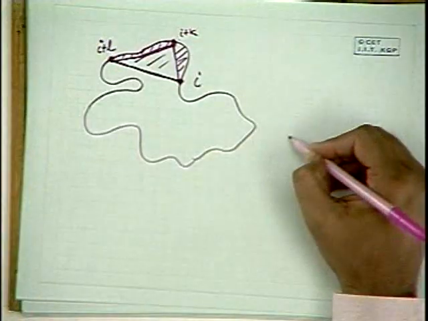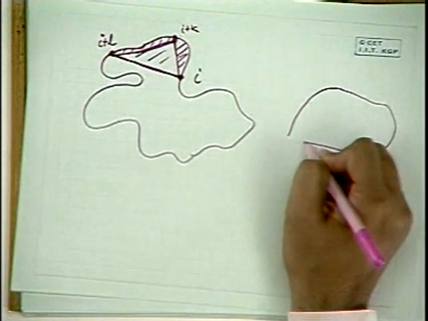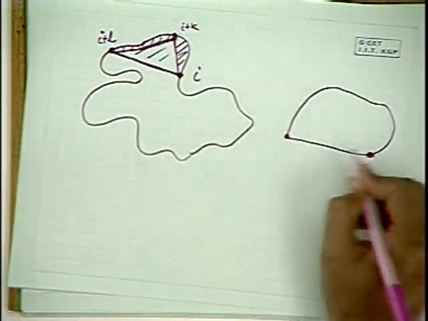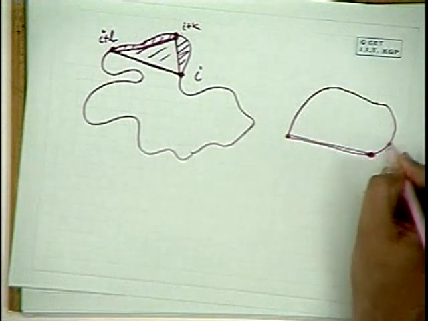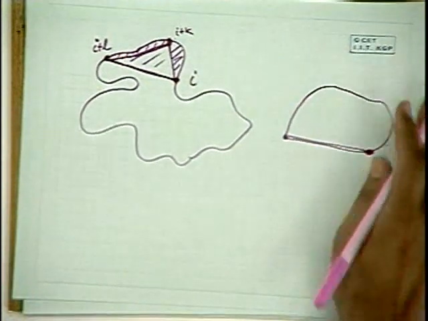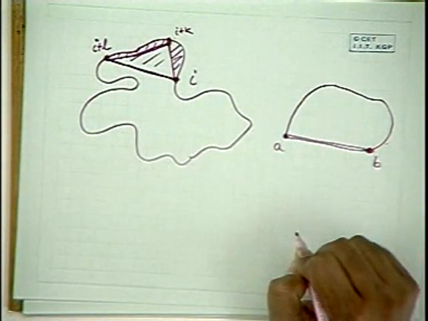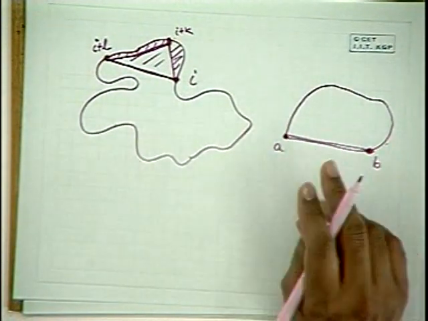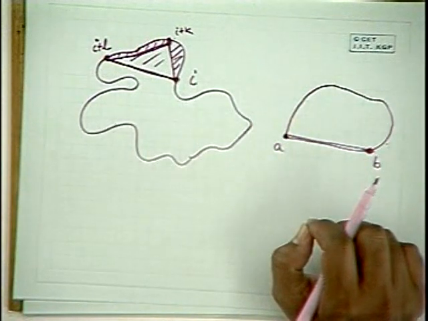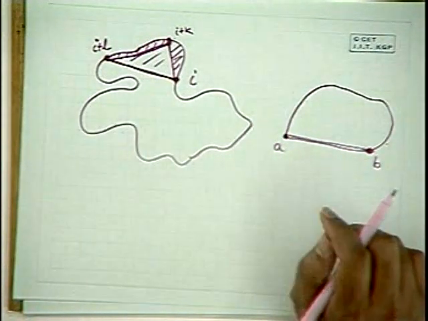Yes. So let me take this one separately. Suppose this is a polygon. I have just taken one polygon here, right? So suppose this is an edge AB. Now there is one optimal triangulation. You understand what the optimal triangulation is?